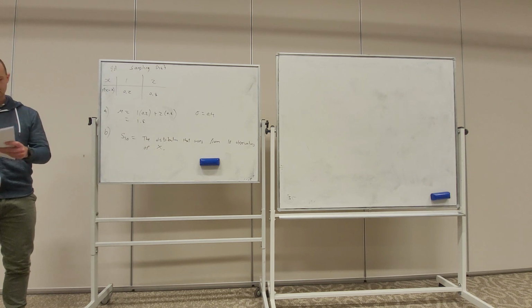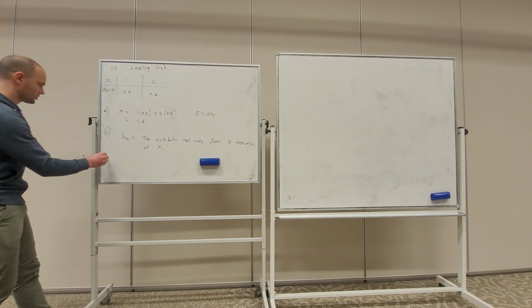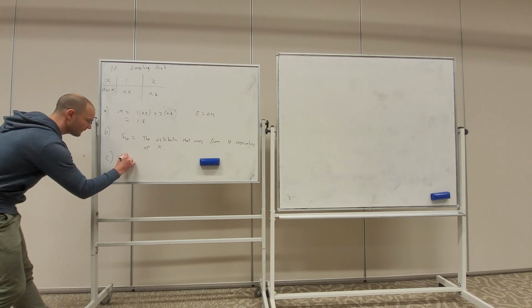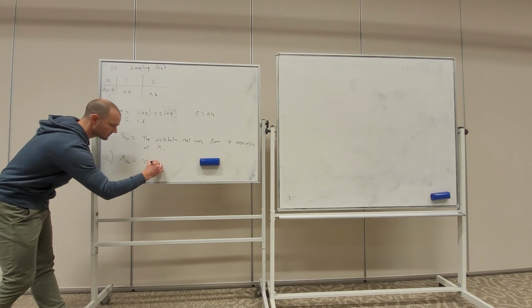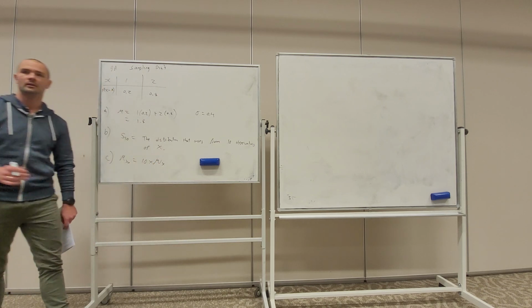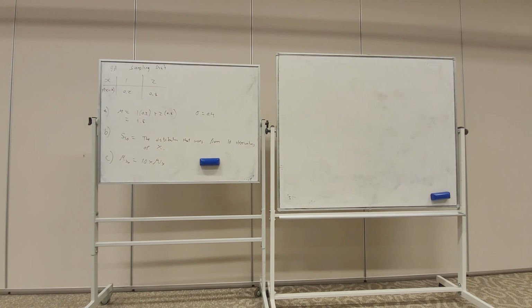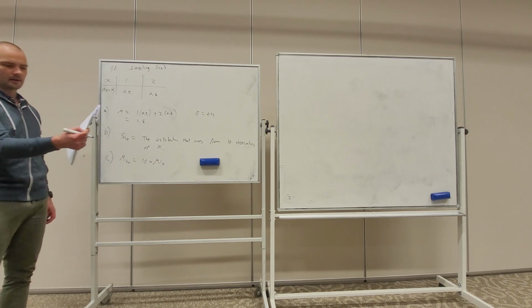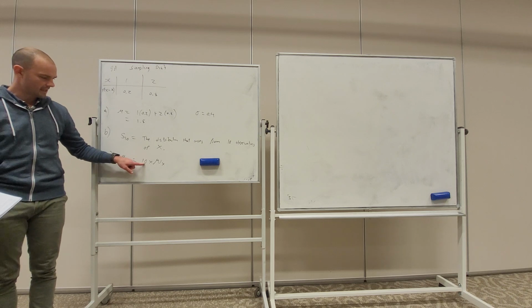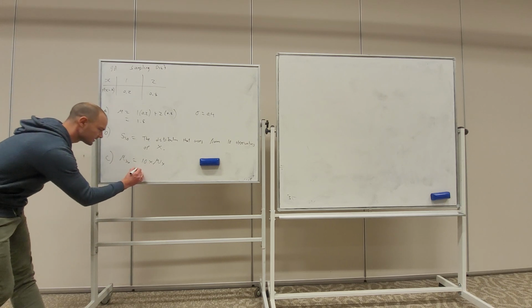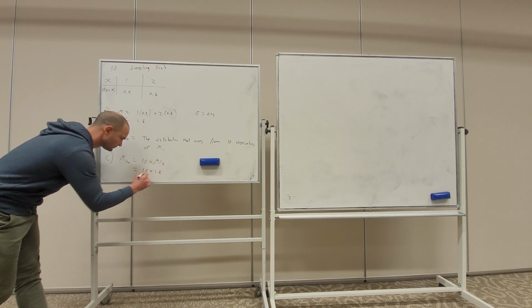Part C, find the mean and standard deviation of S10. The mean of S10 is equal to 10 times the mean of x. That formula is stated in the sentence above: Sn, mean n times mu, so 10 times 1.8, which is 18.